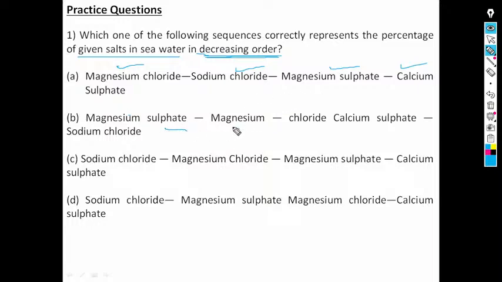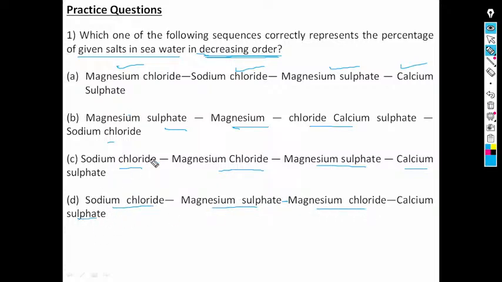Then magnesium sulfate, sodium chloride, sodium sulfate, then sodium chloride, magnesium chloride, magnesium sulfate, calcium sulfate.